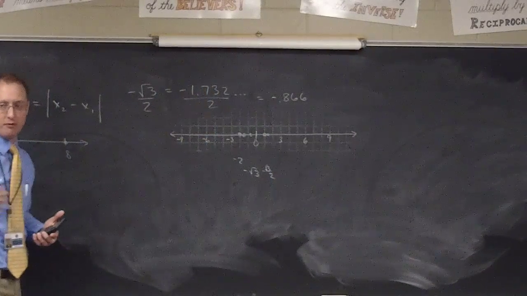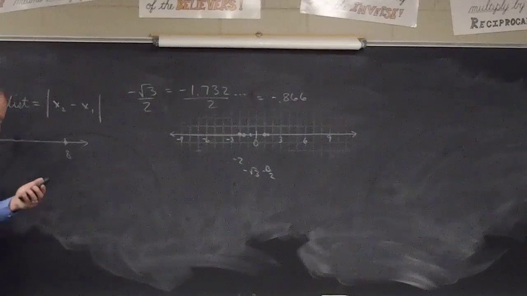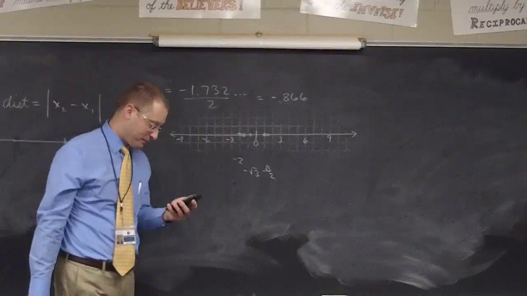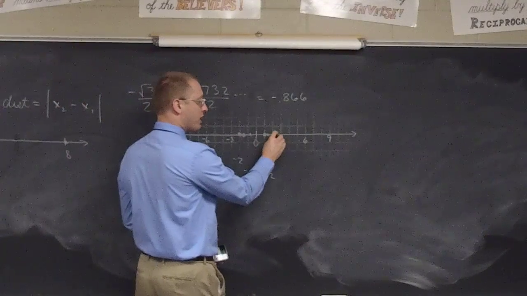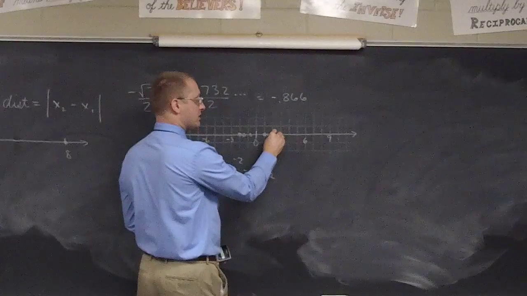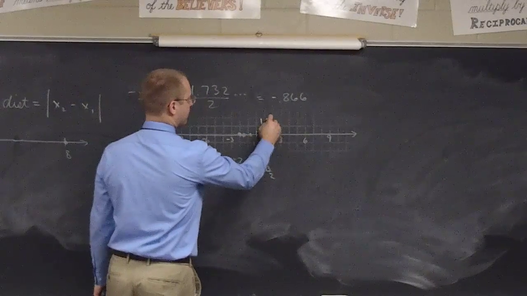We want 1.414, so almost 1.5. Make sense? And then they want square root of 5. Calculator. What's the square root of 5? 2.236. Okay, so here's 1, here's 2. We want to go a little bit past the 2 to get the square root of 5.